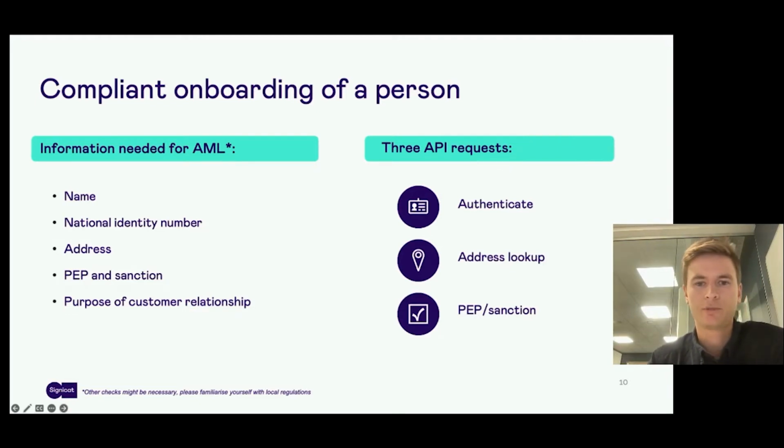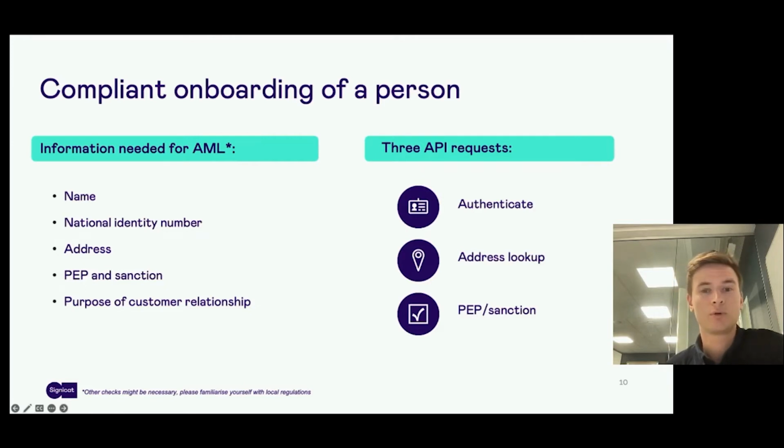Okay, so the information we need to gather for a compliant onboarding is the name and national identification number. And we can typically get this with, for example, Norwegian BankID, a passport scanning, or some sort of other document type scanning.